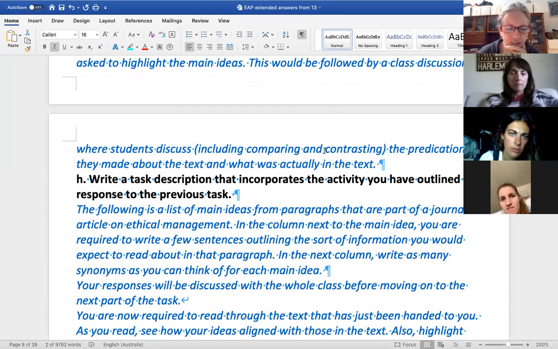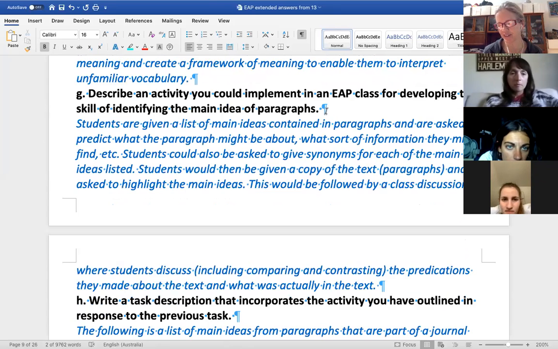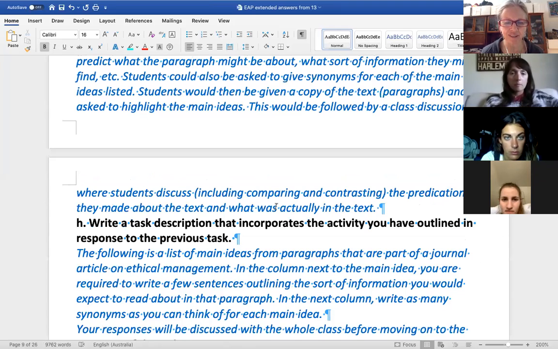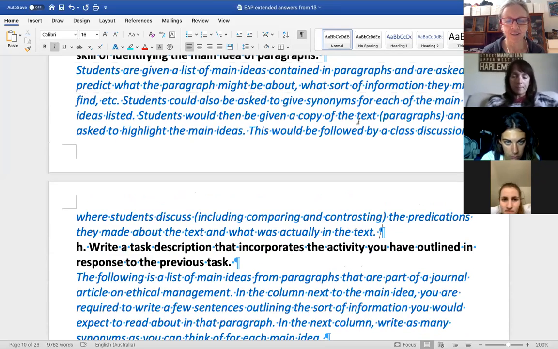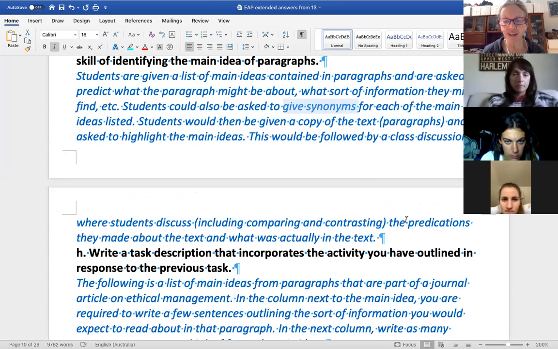And then predictions that they make about the text and what was actually in the text. So if you're given a subject like tourism in Australia, predict what it might be about before they actually read it. That will help them to learn it as well. That's one tip. So paraphrase it, and before you give it, talk about it so they can predict what it will be about. Yeah, everyone okay?